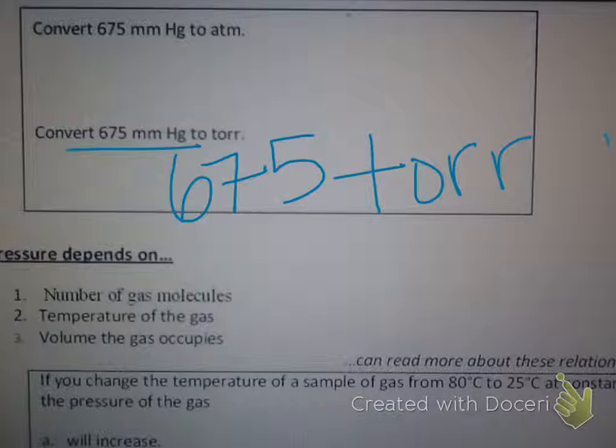Now, we're going to be doing a lot of problems in the next video that relate pressure with other variables. Pressure is not the only thing that we can measure or identify for a gas. If you have a gas, you can identify the pressure of the gas by measurement. You can measure the volume of the gas.